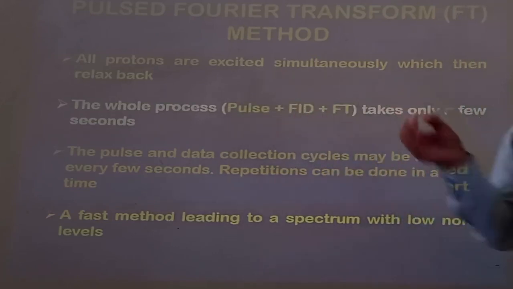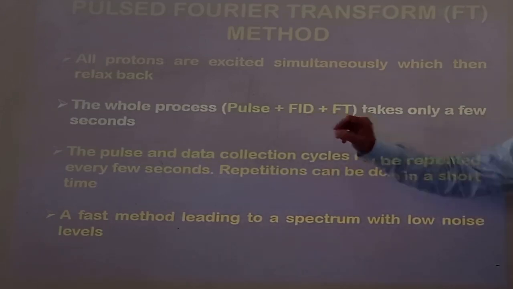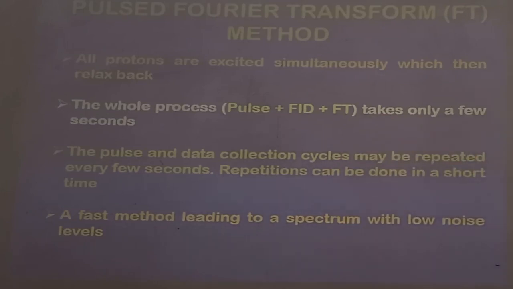This pulse excites all of the protons present, all of the nuclei present in your sample at the same time, simultaneously. Then they relax back and give you a signal in the form of FID. FID means free induction decay.